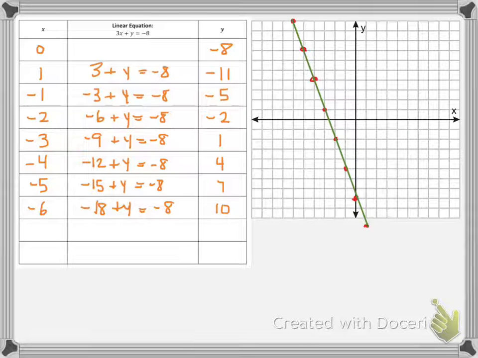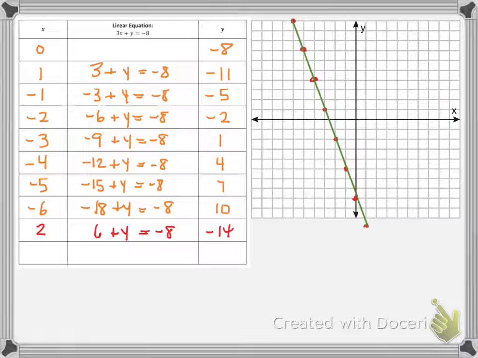All right, if I kept going, I could put more positive numbers in, but obviously when I made a positive number, my y value for x just got really small. So if I chose a 2 for x, 2 times 3 is 6 plus y equals a negative 8, and I would have to subtract 6 from both sides, and I got a negative 14.